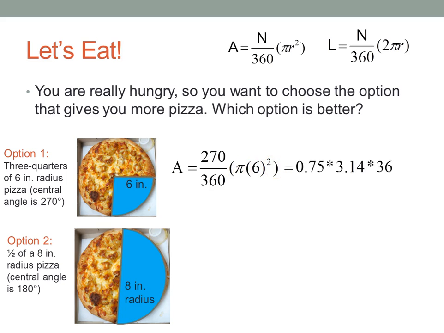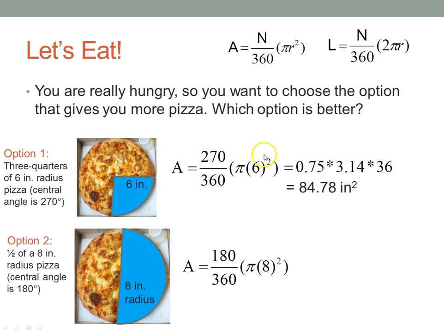So we're going to multiply all that out. I changed this fraction here, 270 over 360, to a decimal. Pi is 3.14, and 6 squared is 36. So I multiply that, and I hope you got 84.78 inches squared. That's the area of the first option.